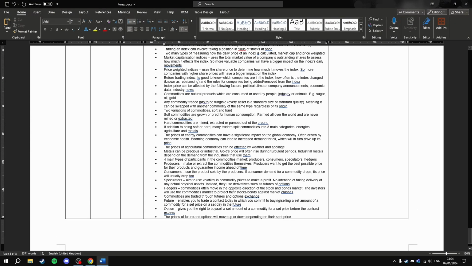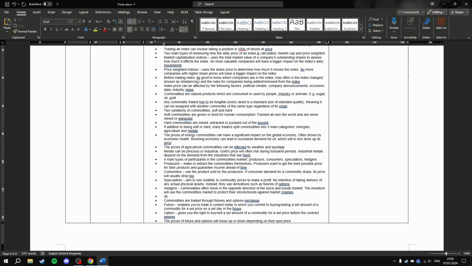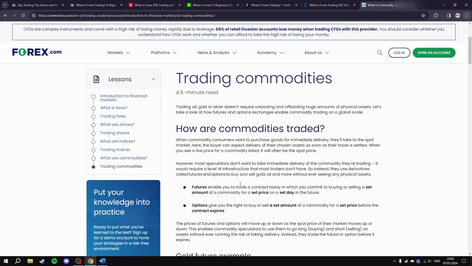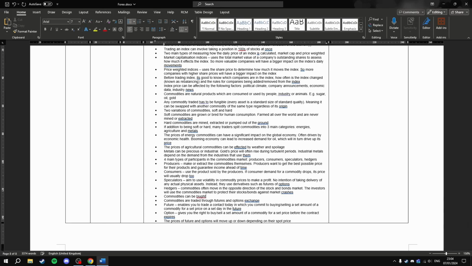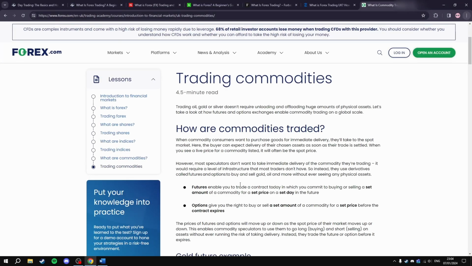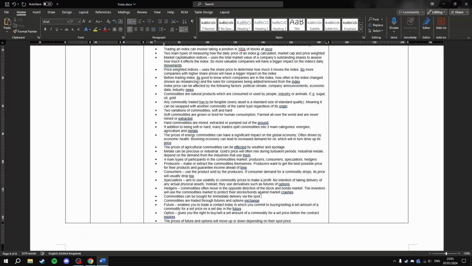Right, okay, so commodities can be bought immediately, for immediate delivery, via the spot market.